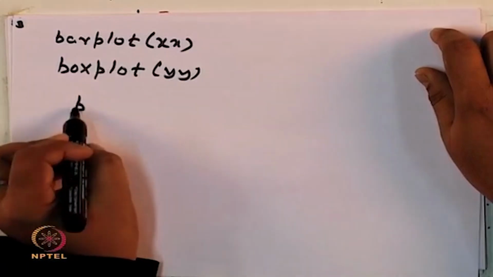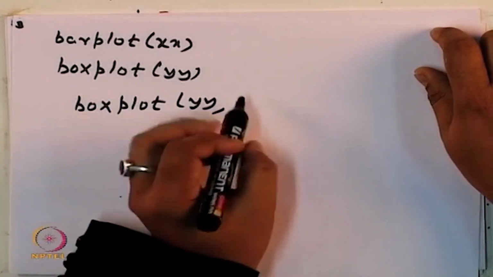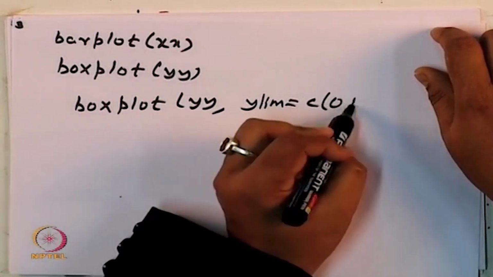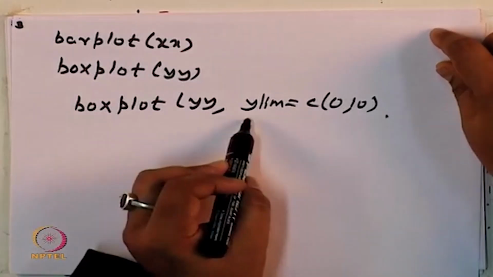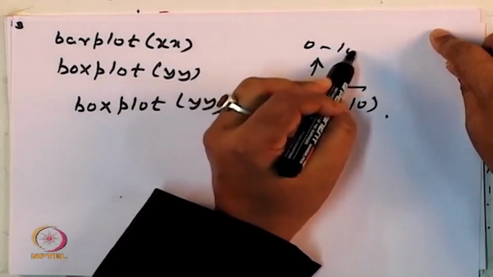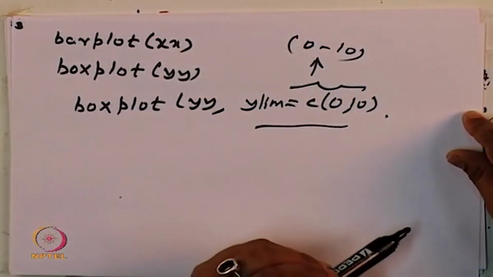So I could have written box plot of yy and then y lim is equal to c of 0 to 10. This would have set the y axis range. So this is how I would have entered my y axis range to be between 0 and 10, so on and so forth.